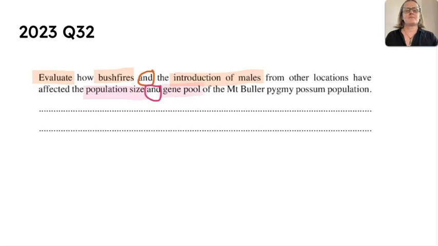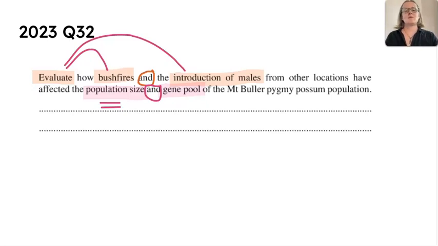I would not be too worried about the fact this is a 7-mark question, because if you write about evaluating how bushfires affect population size, and then about how the introduction of males affects population size, that's probably 4 marks.